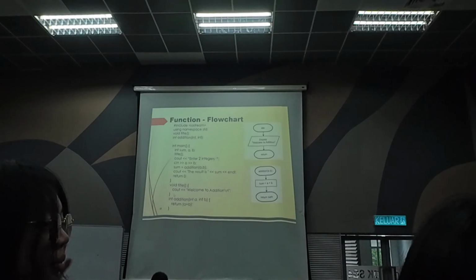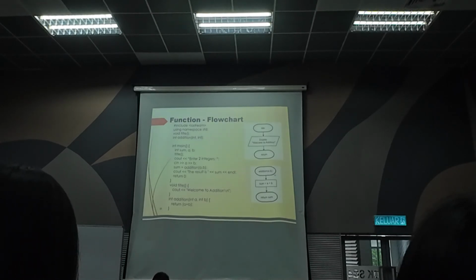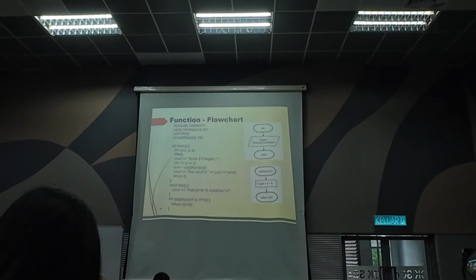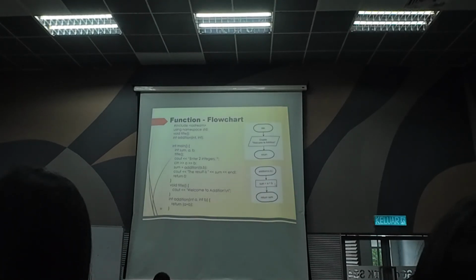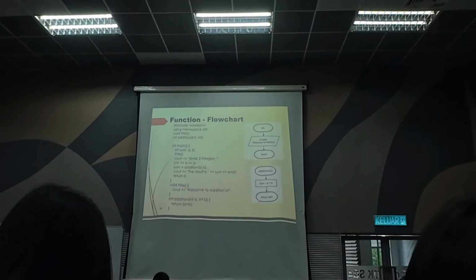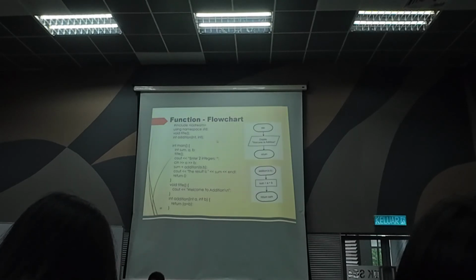For the addition function, you perform the addition, process the sum equals A plus B, and then you return the sum value. So this is just a flowchart for you to see how you design your flowcharts based on these functions.